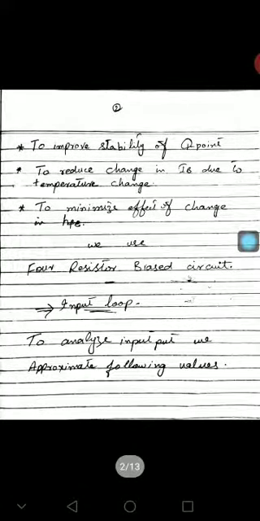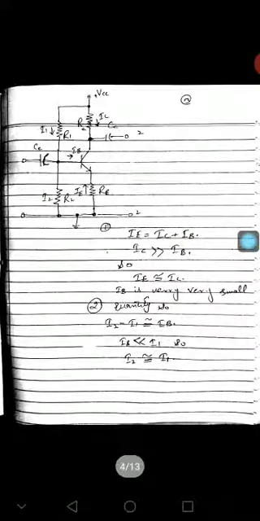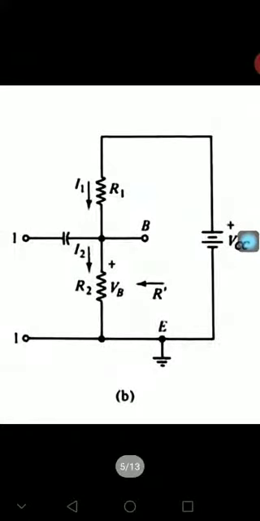To discuss this circuit, first we analyze the input loop as shown in the figure. Here, input is given to the base. Input signal is between base and emitter at port 1. Here is a coupling capacitor which couples the input signal to the base.